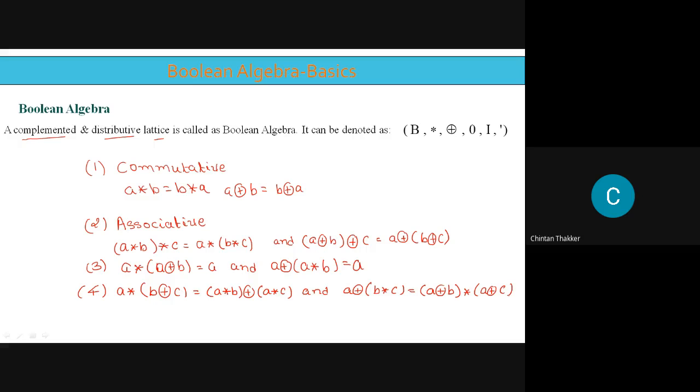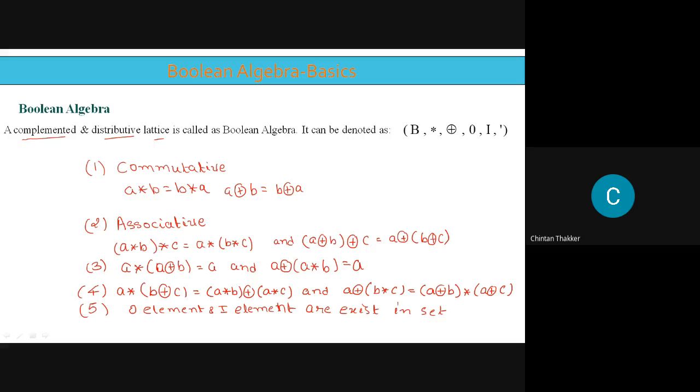Then the fifth property: for the complemented lattice, we require the bounded lattice. That means the zero element and I element exist in the set.